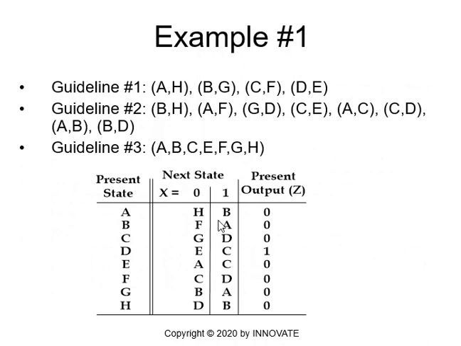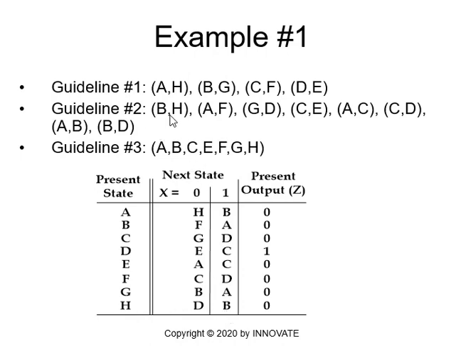Now, for state A, the next states are B and H. For state B, the next states are A and F. For state C, the next states are D and G. For state D, we have the next states C and E, and for state E, we have A and C. For F, we have C and D. For G, we have A and B, and for H, we have B and D.